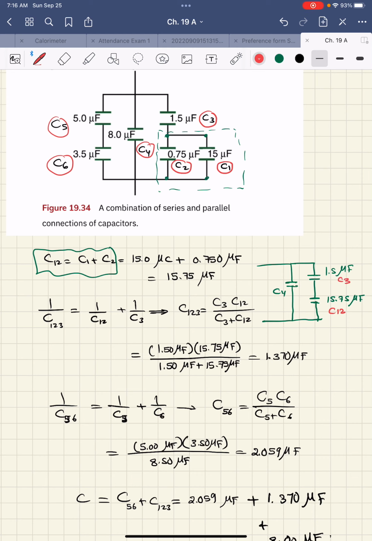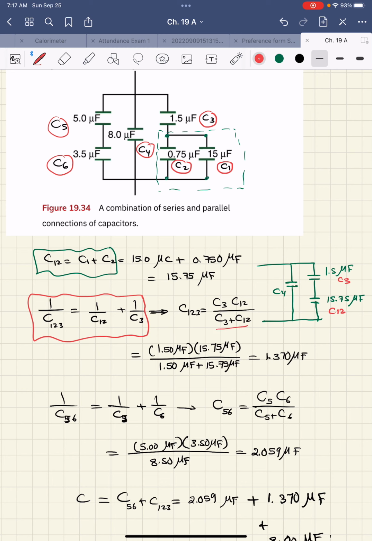These are really in series, therefore I'm going to apply the series law, which is this one. And here I'm going to say C123, because I am collecting the equivalent capacitor of all the three. And then here I can say simply this one is this one.